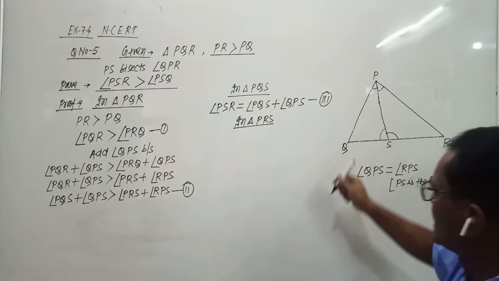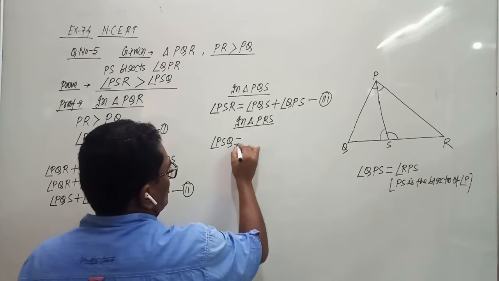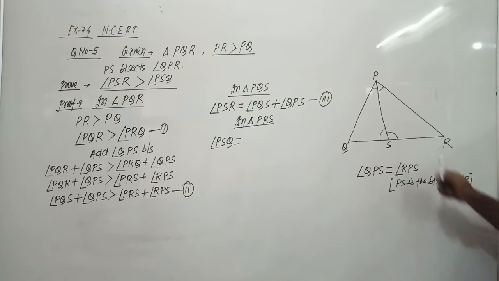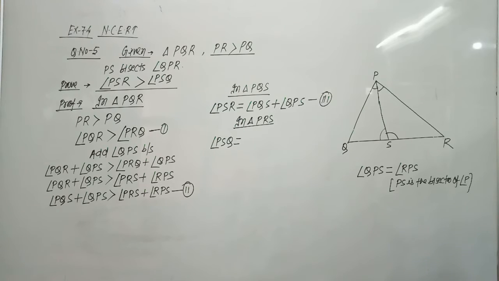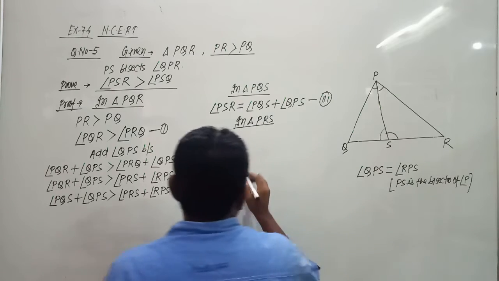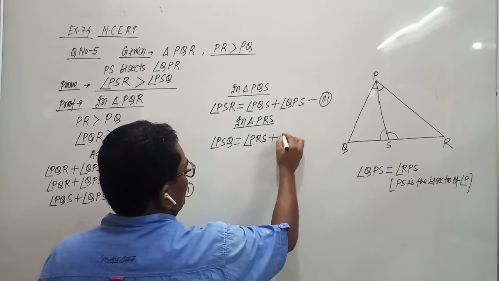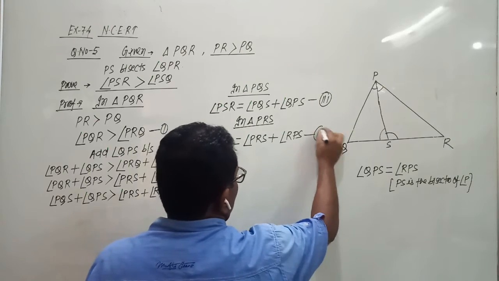So angle PSQ is equal to the sum of the interior opposite angles, meaning angle PRS plus angle RPS. So PSQ equals angle PRS plus angle RPS. This is the fourth equation.